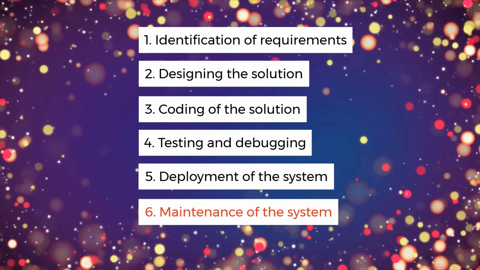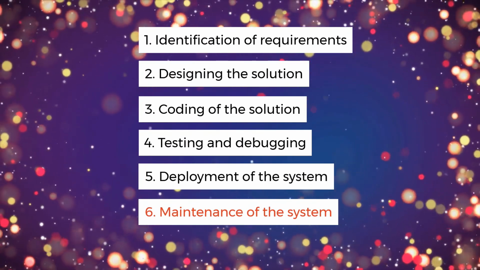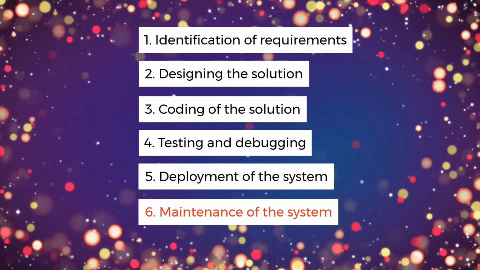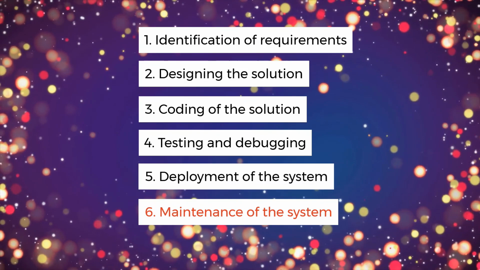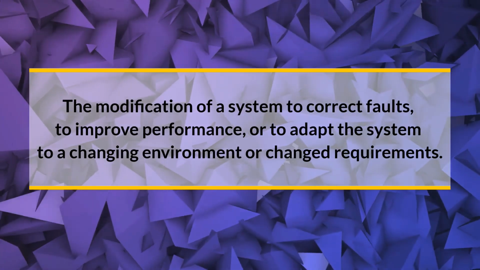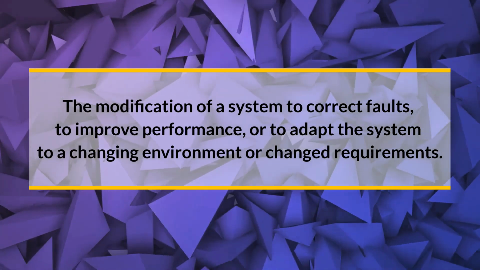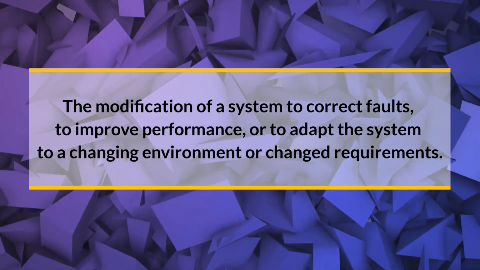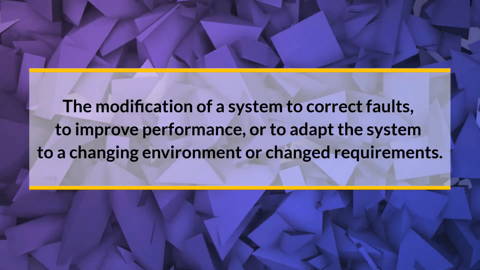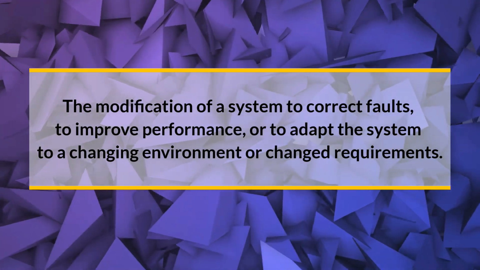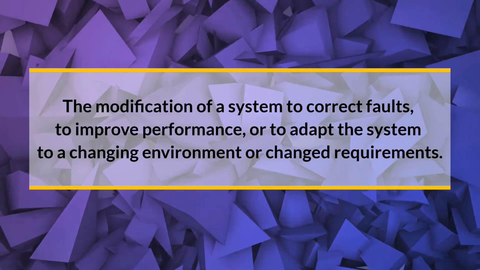The last step in SDLC is maintenance of the system. That is, the modification of a system to correct faults, to improve performance, or to adapt the system to a changing environment or changed requirements.